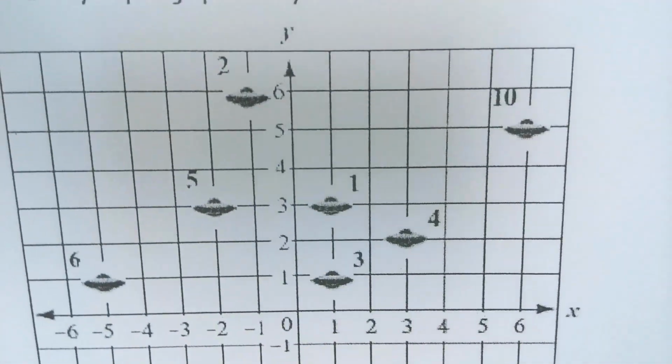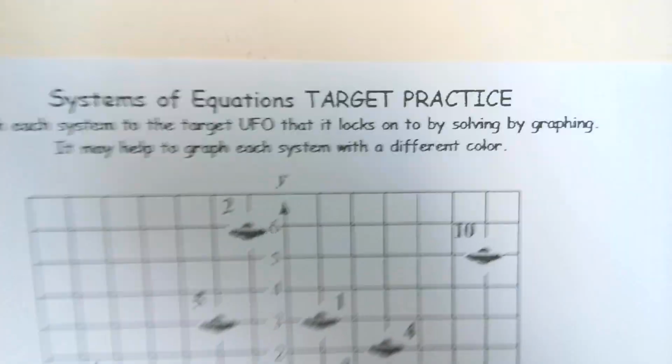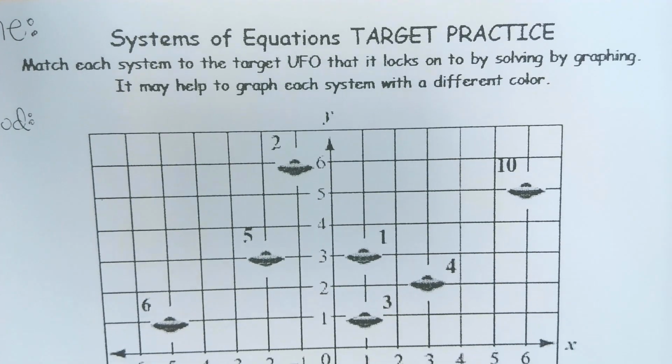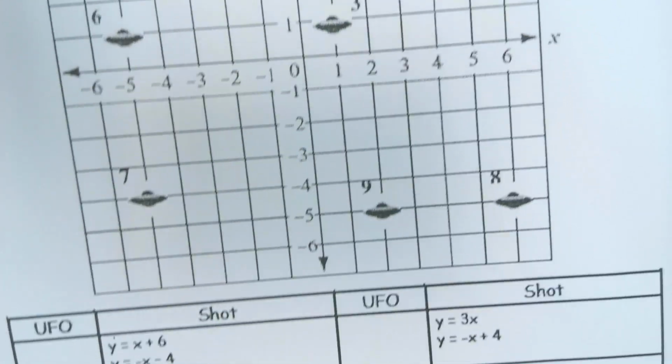And you're going to get the assignment. Let me talk to you about the assignment. It says match each system to the target UFO that it locks onto by solving by graphing. It may help to graph each system with a different color. Part of your grade is going to be that you have straight lines. So use a straight edge, use your journal or your calculator or something to make it straight.